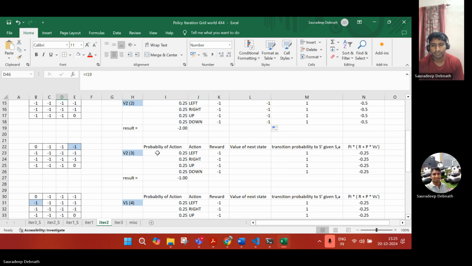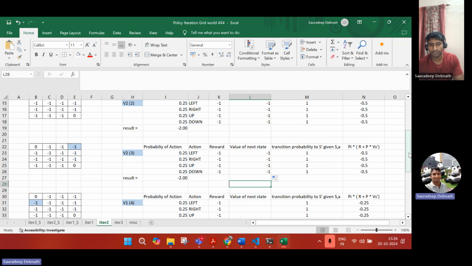Now, if we're at state 3, we could go left or below, and we'll get a reward of -1, and we'll go to states with value -1. And if we try to go up or right, again we'll remain in the same cell. And again, what is the value function for the same cell? -1 again, right?